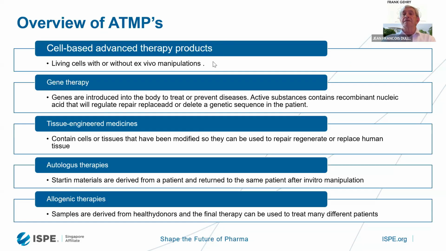Overview of ATMPs. Cell-based advanced therapy products have living cells with or without ex vivo manipulation. Gene therapy, we introduce into the body to treat or prevent disease. The active substance contains recombinant nucleic acid, and that will regulate, repair, replace, or delete a genetic sequence in the patient.